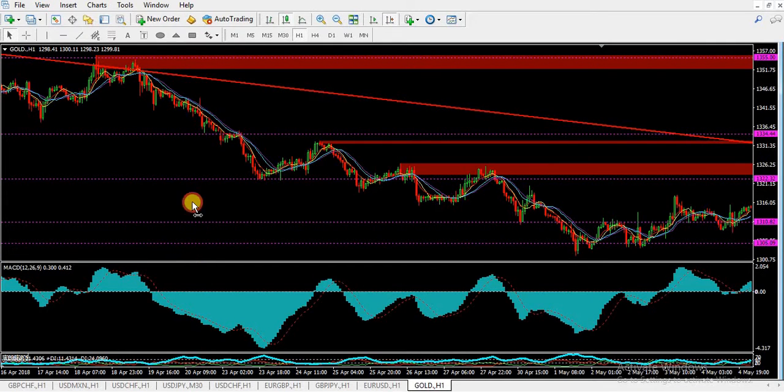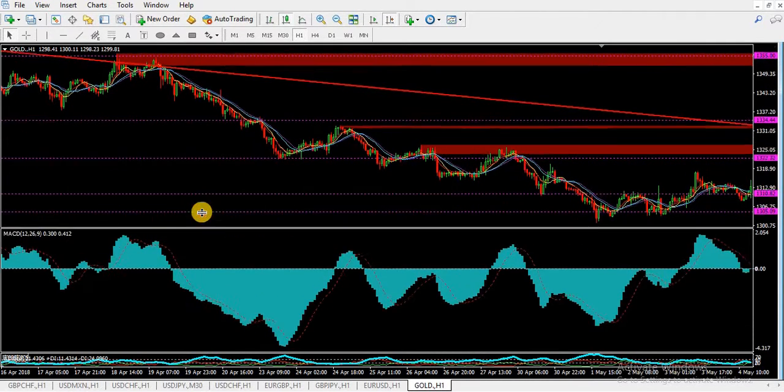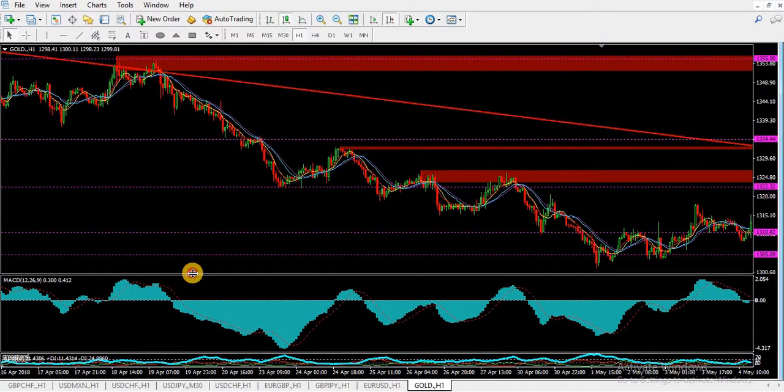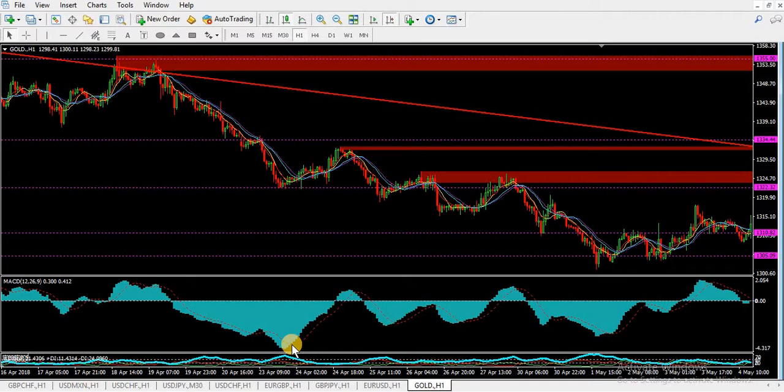I'm gonna try to spot a divergence for you guys. Okay, look here. Basically, this is what divergence is. Oh, this is a nice divergence. Let's see.